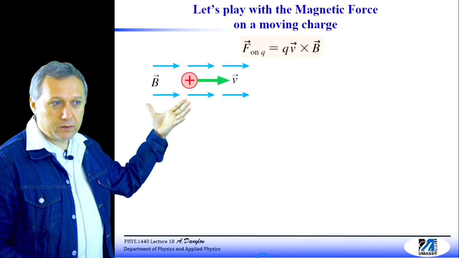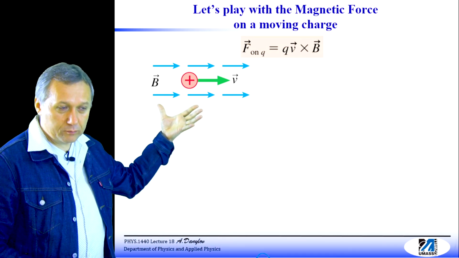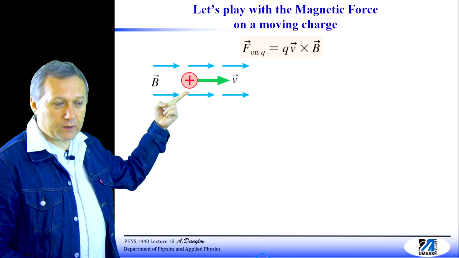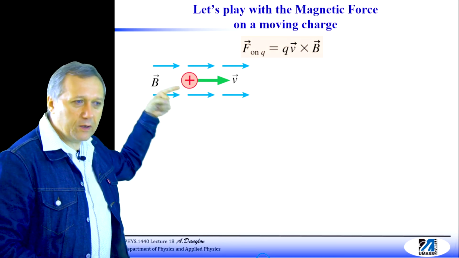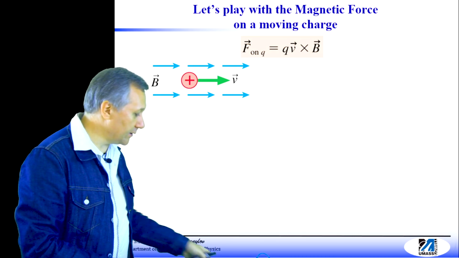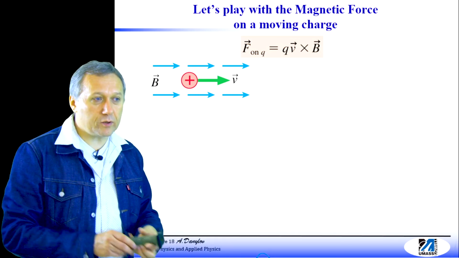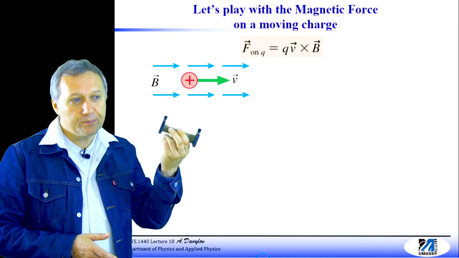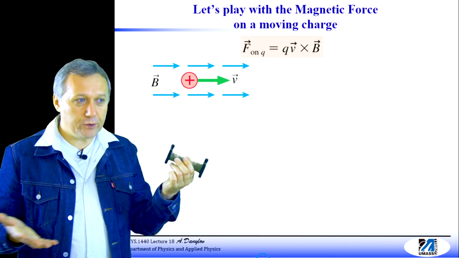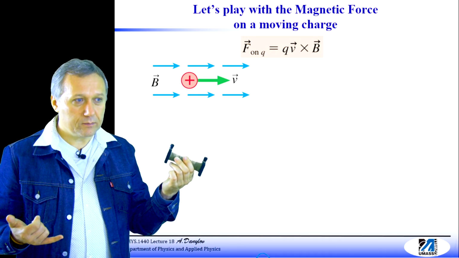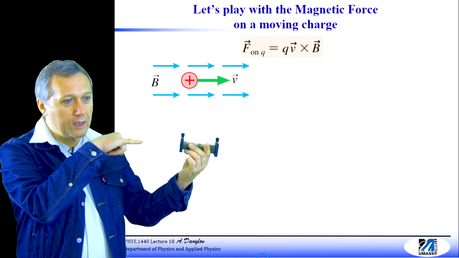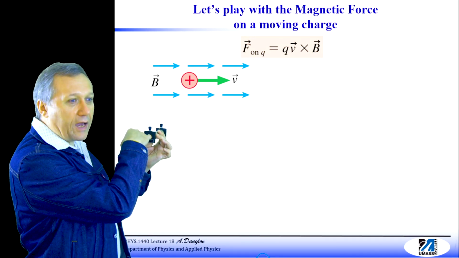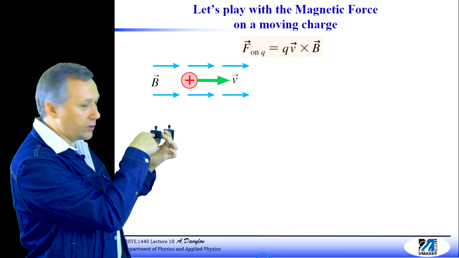Let's assume that we have this situation. You see the magnetic field, blue vectors, and you see a positive particle, for example a proton, flying along the magnetic field lines. You remember, yesterday we introduced a solenoid as the object which gives us a uniform magnetic field. So it's like shooting a proton along the axis of the solenoid, through the solenoid.